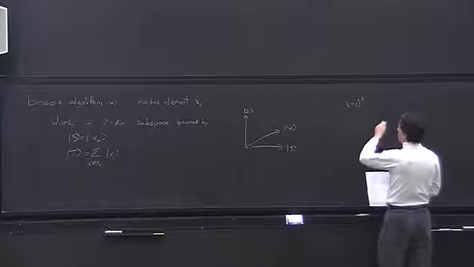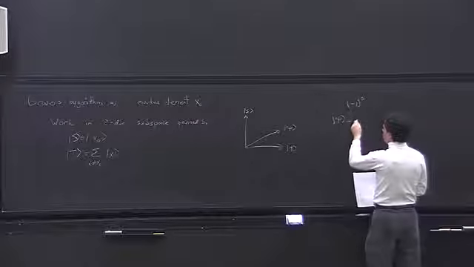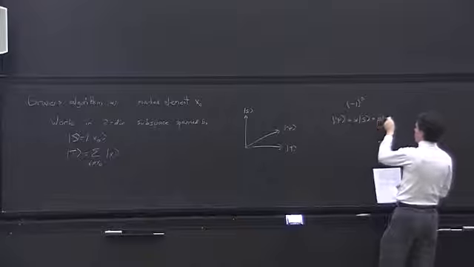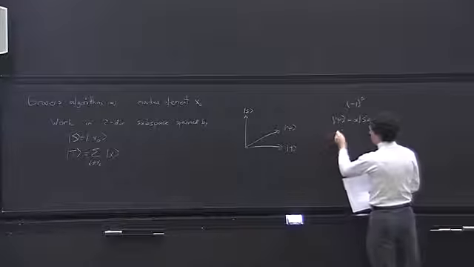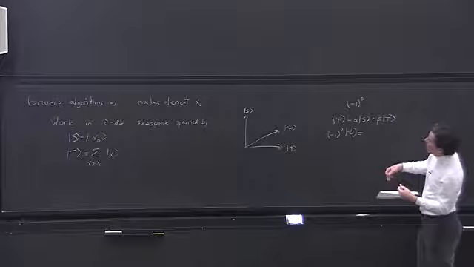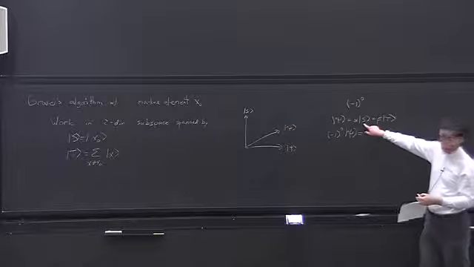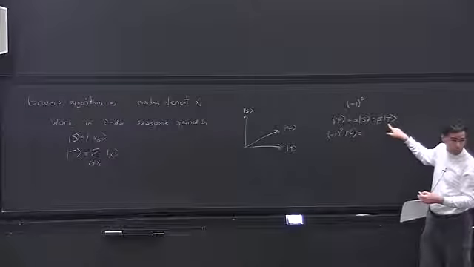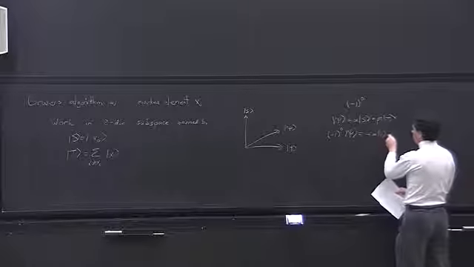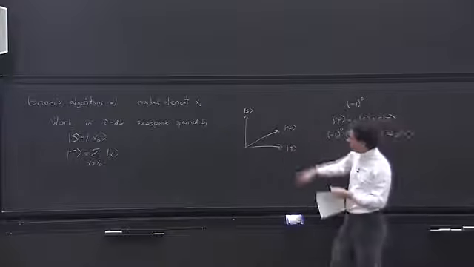So if psi is equal to alpha S plus beta T, then (-1)^O applied to psi will give us a sign of -1 for S and +1 for T. So this will be minus alpha S plus beta T. And what is that in this picture?